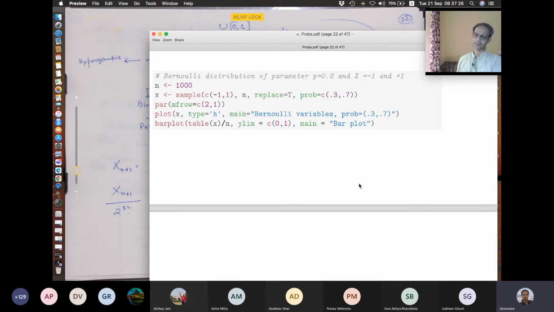And that can model so many interesting things. Say for example, if I flip a coin, if it is head, you will give me 1 rupee. If it is tail, I will give you 1 rupee. So this is a win and loss situation, and an amount is associated with it.